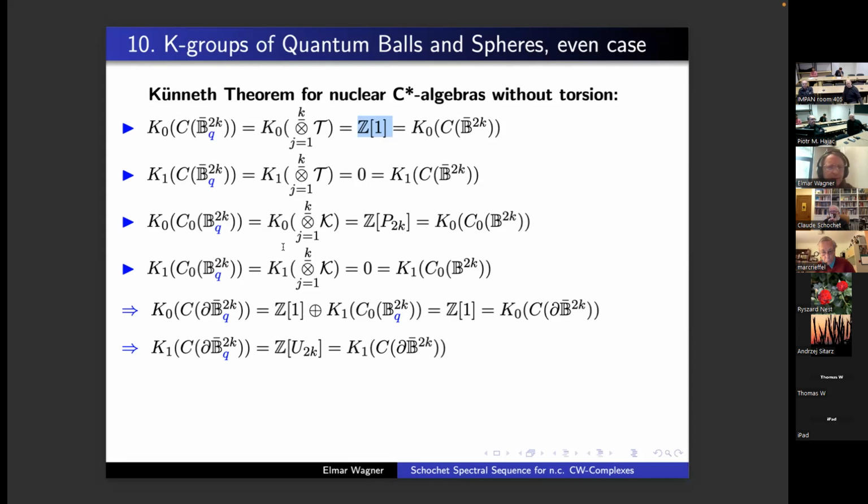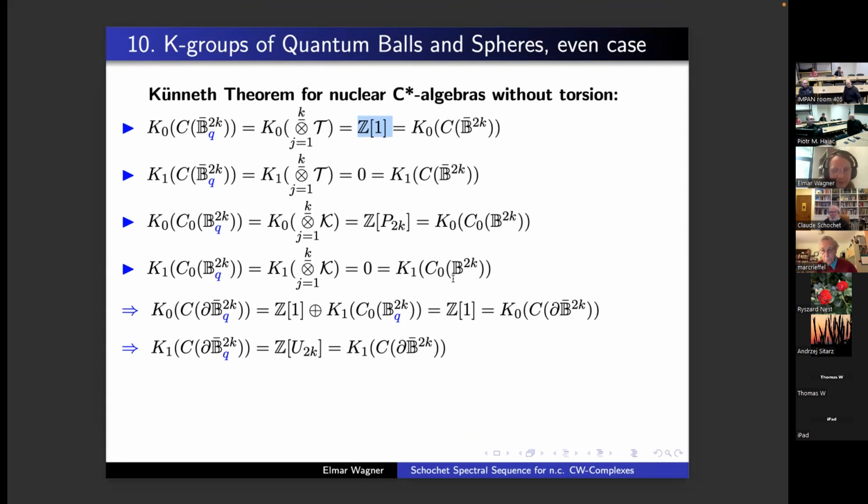So K1 becomes 0 for the compacts, as in the classical case. Oh, is it on the even case? Yeah, K0. The boundary. If you have on the boundary, you have 1, and then we have K1 of the inside, but that's 0. So what am I doing here?